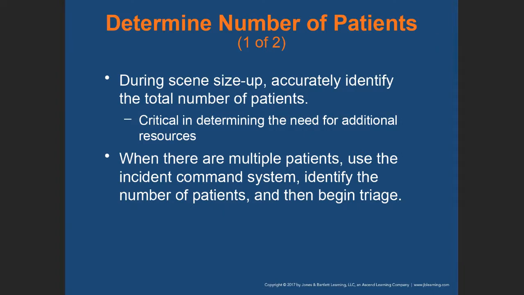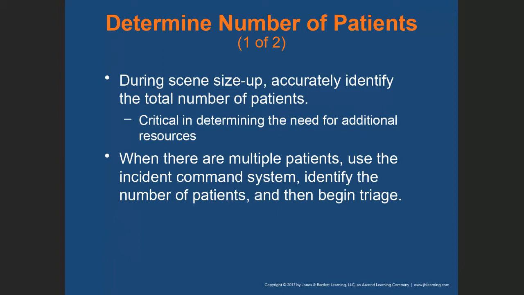Why is this important? During scene size up, accurately identify the total number of patients. It's critical in determining the need for additional resources. When there are multiple patients, use the incident command system, identify the number of patients, and then begin triage. If it's one patient, then easy, just do what you need to do.